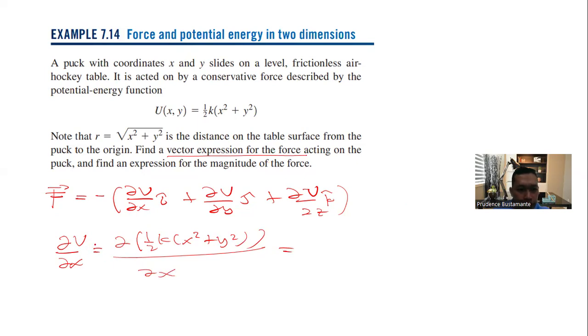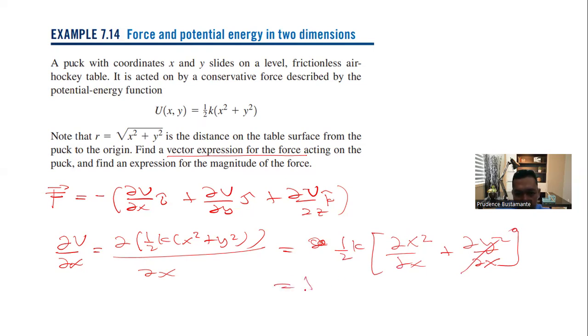Meaning you'll treat the y as fixed. So we have 1/2 k, partial of x squared over partial of x plus partial of y squared over partial of x. Since y is constant, the partial of the constant is equal to 0. And you have 1/2 k, the derivative of x squared is just 2x, the 2s cancel, which is equal to kx.